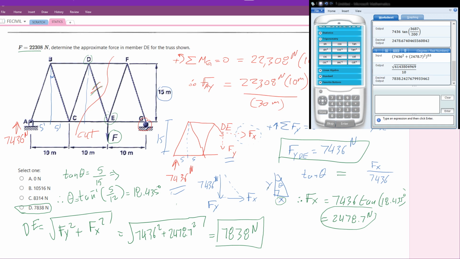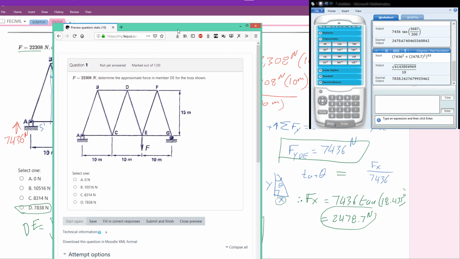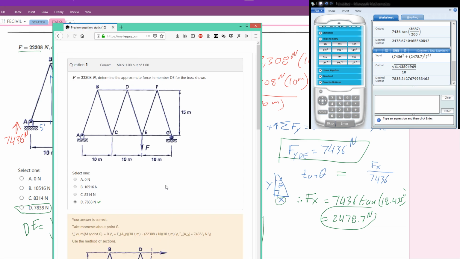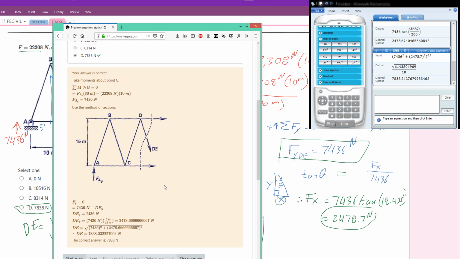We can check our answer from the website. Let me get back to it. Okay, let's pick our answer, it's this one, then submit and finish, and let's see the solution. You see it goes really fast if you know what you're doing. You just sum the forces, and here's a nice explanation.